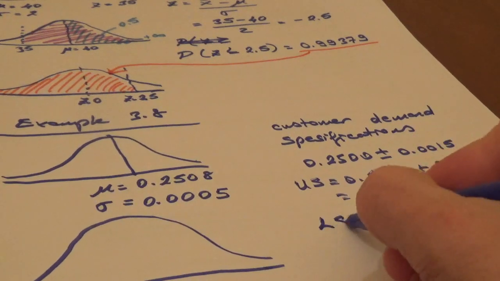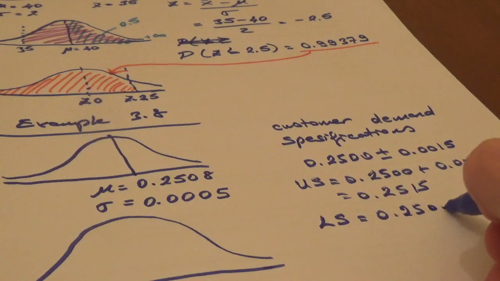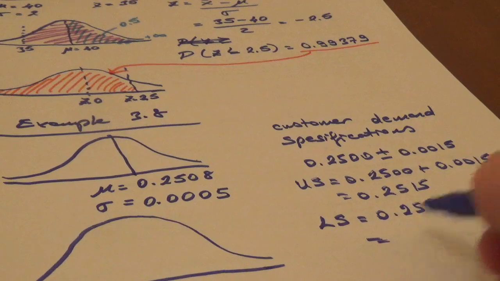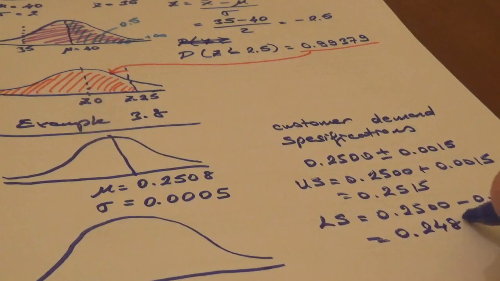The lower specification is 0.2500 minus 0.0015, which is 0.2485.